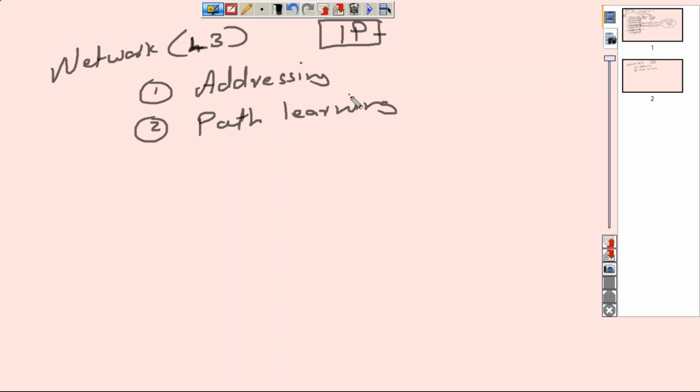Path learning means what? I mean, we start up our browser and say google.com. There's got to be somebody who knows how to get this packet to Google, right? Now, all the devices, the network infrastructure, meaning your routers on the way, somebody's got to learn the paths. Okay, to send it to Google, I need to send it through this link or that link. That is the path learning part, and that happens at the network layer, right?